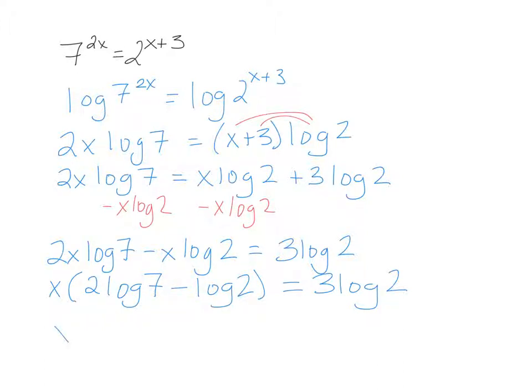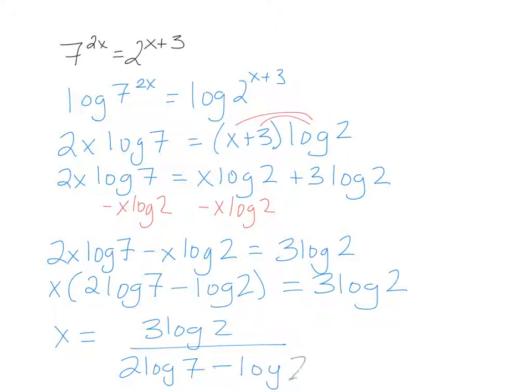And we end up with x equals 3 log 2 divided by 2 log 7 minus log 2, which we can then evaluate just using our calculator. So from there, when I punch it into my calculator, I get x equals 0.65 when I round it to 2 decimal places.